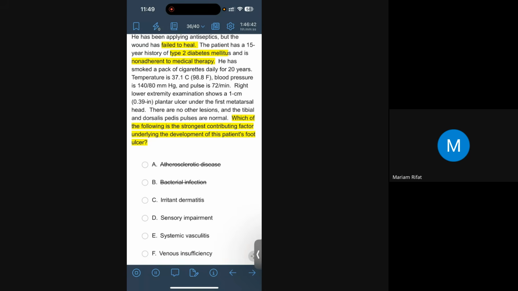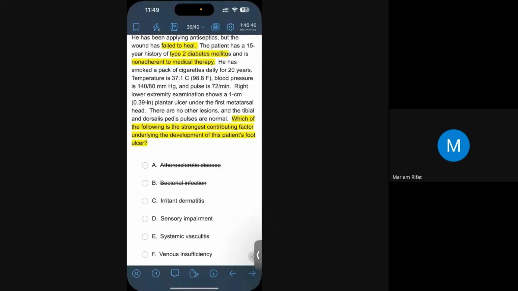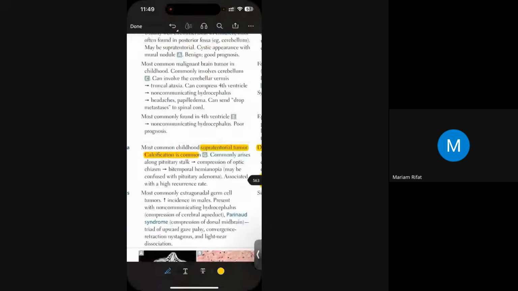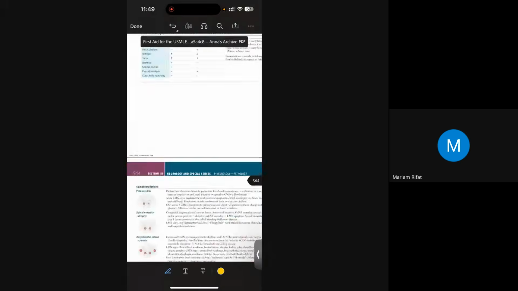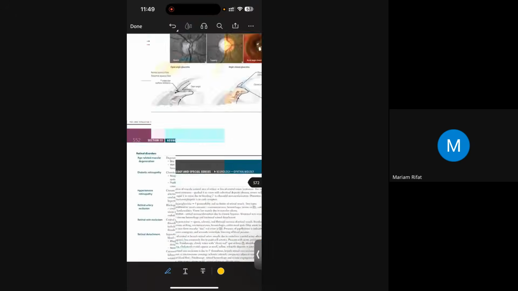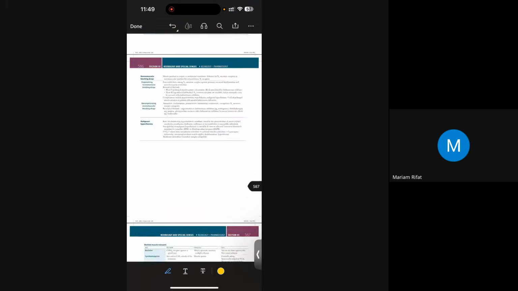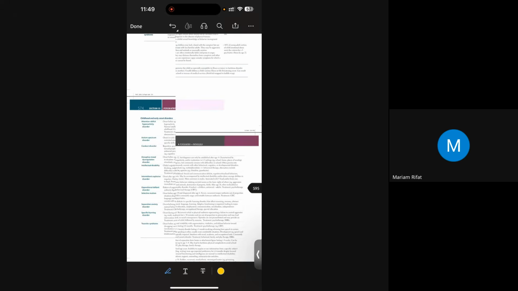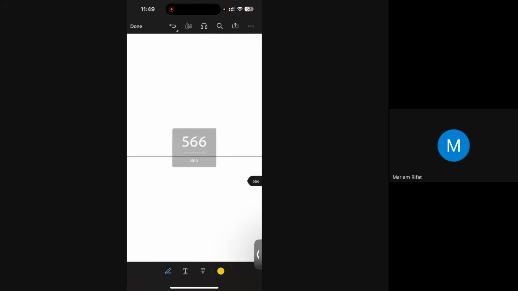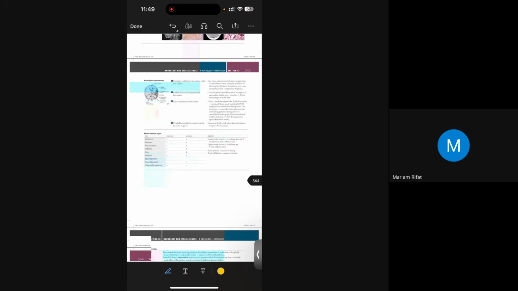Other than that, the other important thing is the location. Arterial and neuropathic ulcers, I think it is written in MSK. They have changed the location.